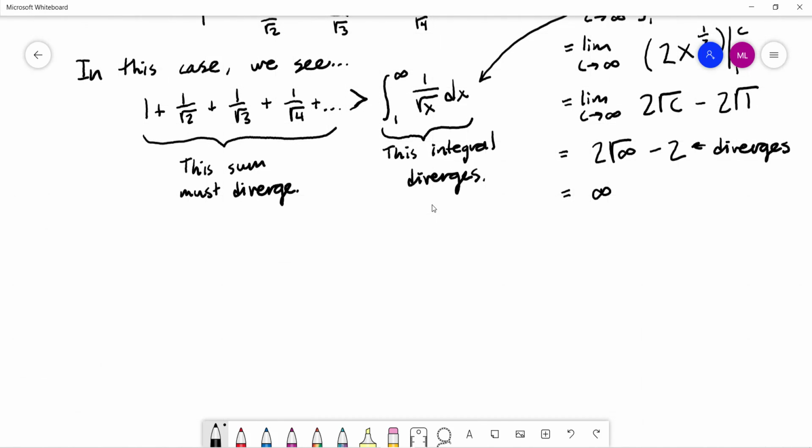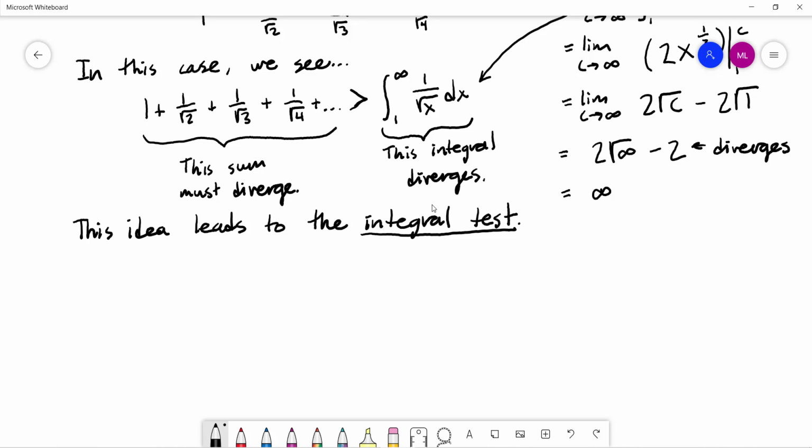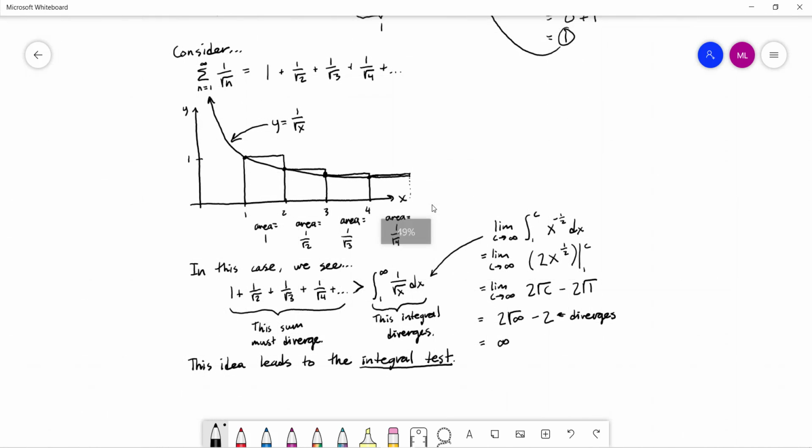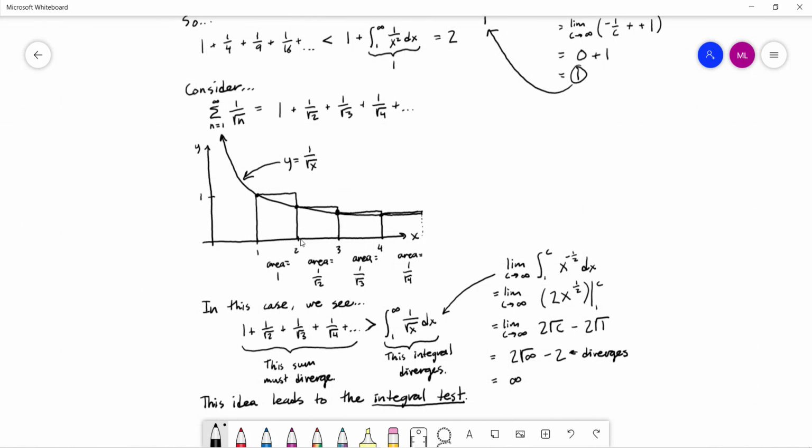This idea leads to the integral test. And it basically says if we can come up with a continuous curve, where the heights on those curves at various discrete points match the values in our series that we're trying to add up.